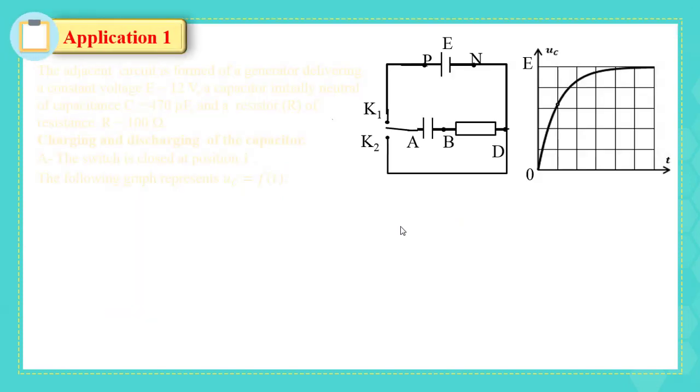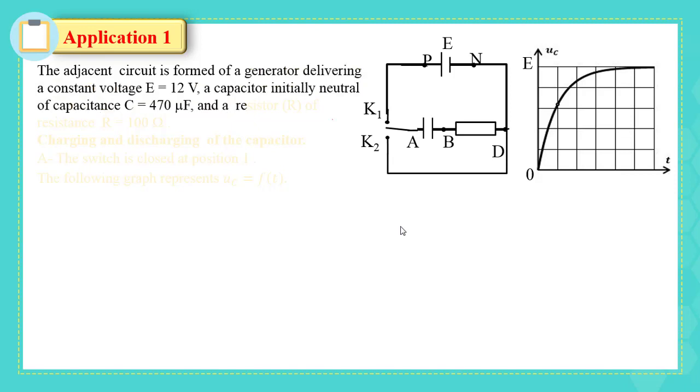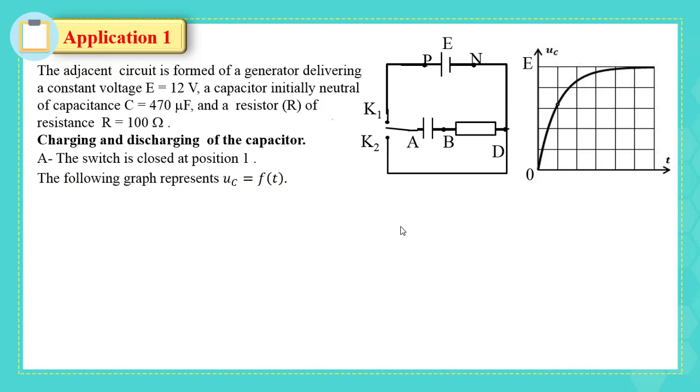Application 1. The adjacent circuit is formed of a generator delivering a constant voltage E equal 12 volt, a capacitor initially neutral of capacitance C equal 470 microfarad, and a resistor R of resistance R equal 100 ohm. Charging and discharging of the capacitor.